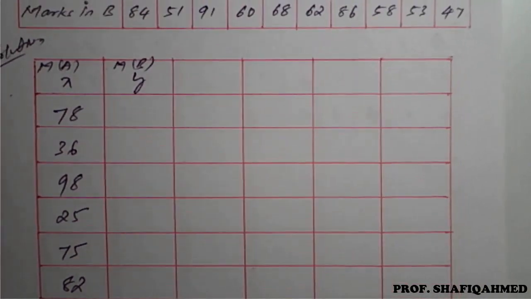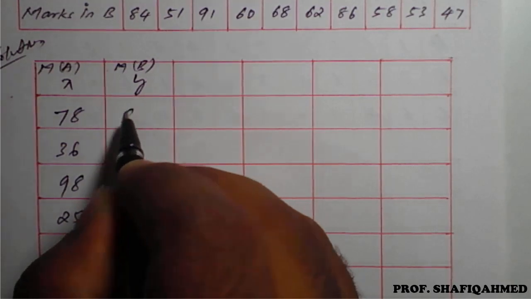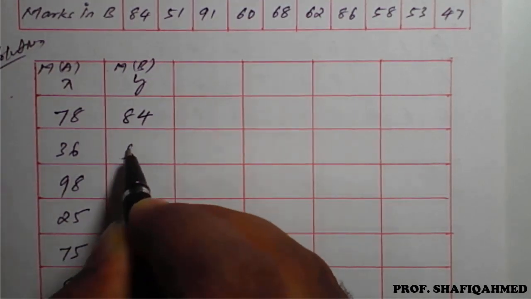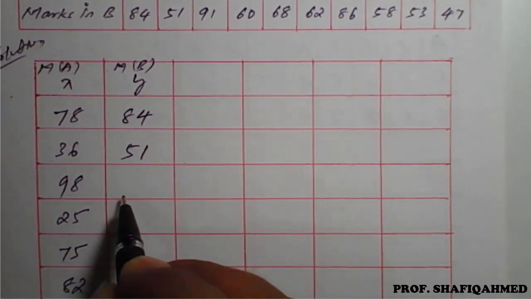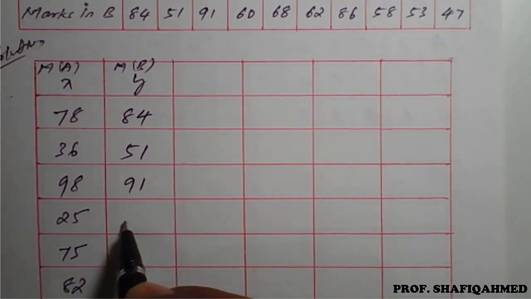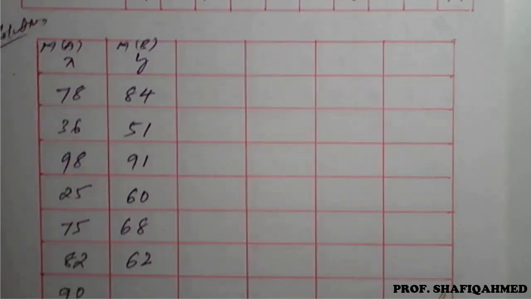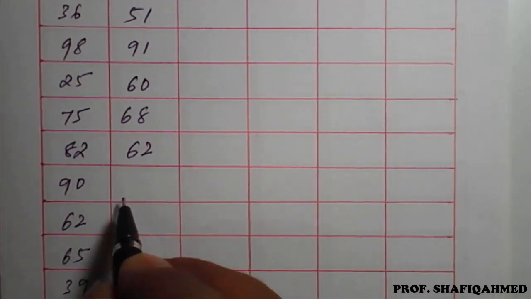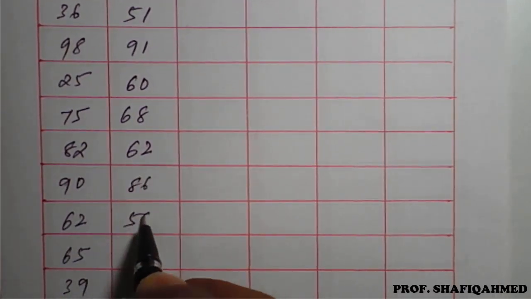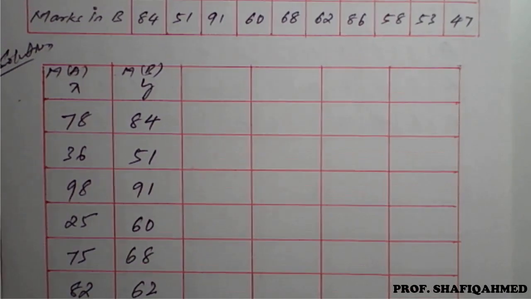Similarly, go for the given marks for B, which I am taking as Y, that is 84, 51, 91, 60, 68, 62, 86, 58, 53 and 47. So these are just the marks, not ranks.